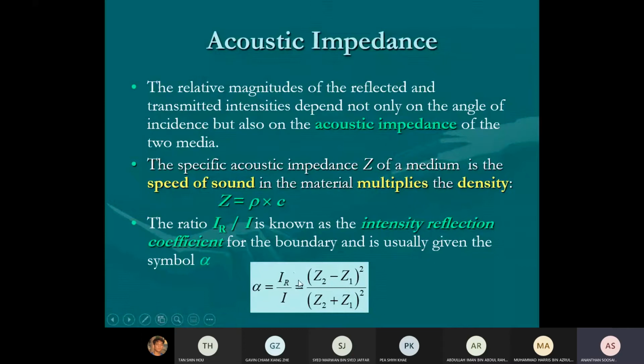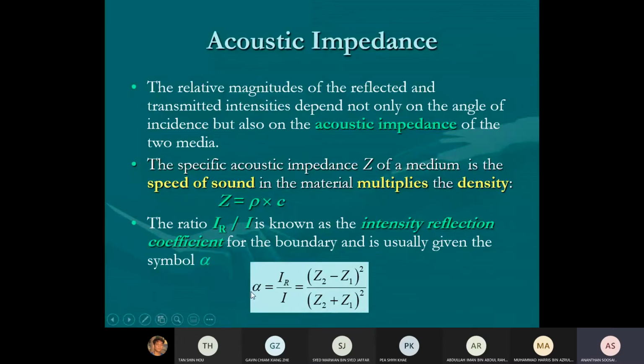The denominator doesn't make any difference. So alpha is going to be very small. If the two media have about the same impedance, alpha is very small.